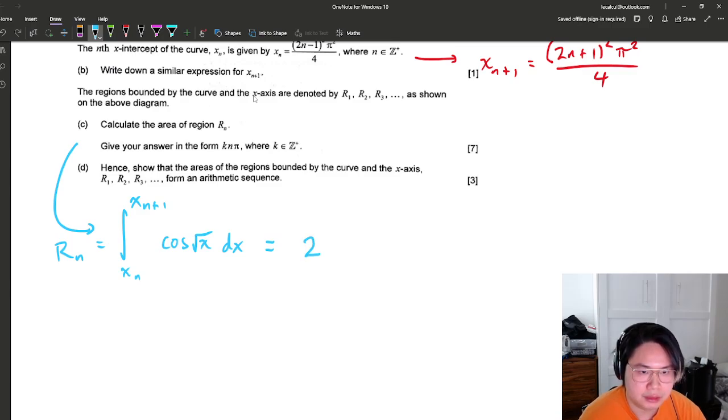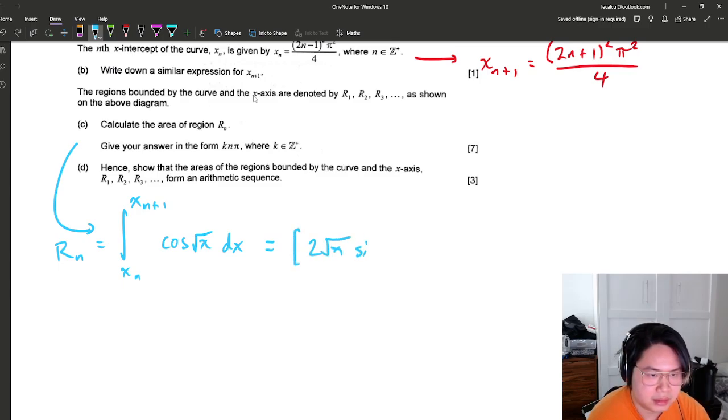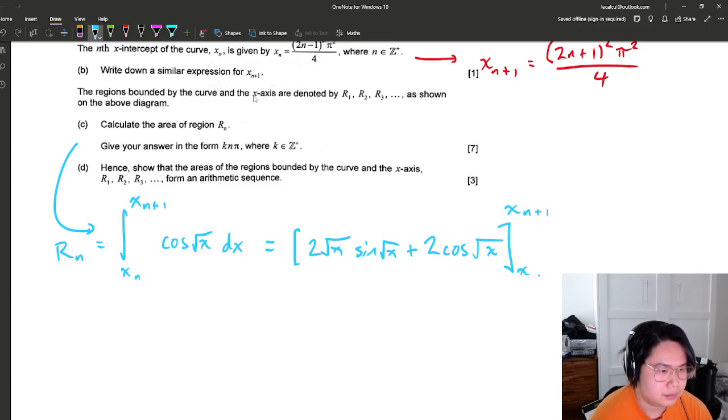What was it? Actually, let me just write it right now: 2 root x sine root x plus 2 cosine root x. And then we don't need the c because this is a definite integral now.